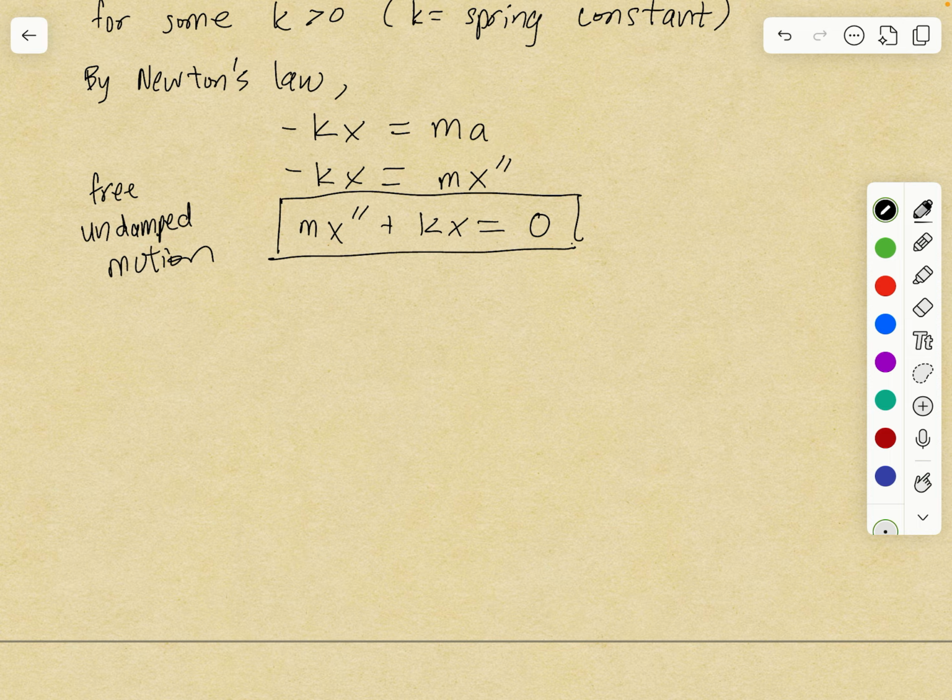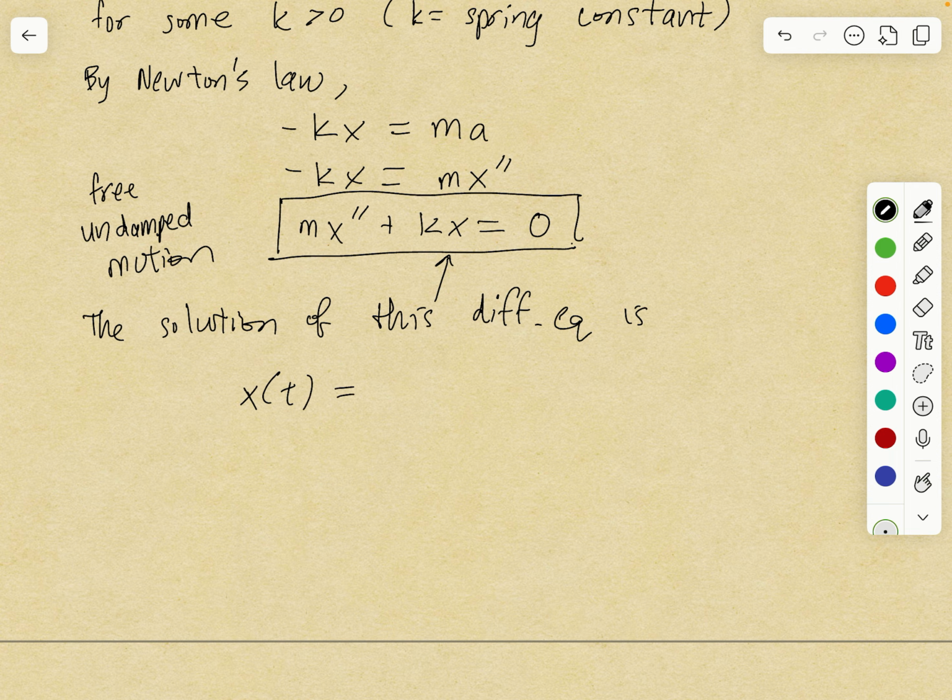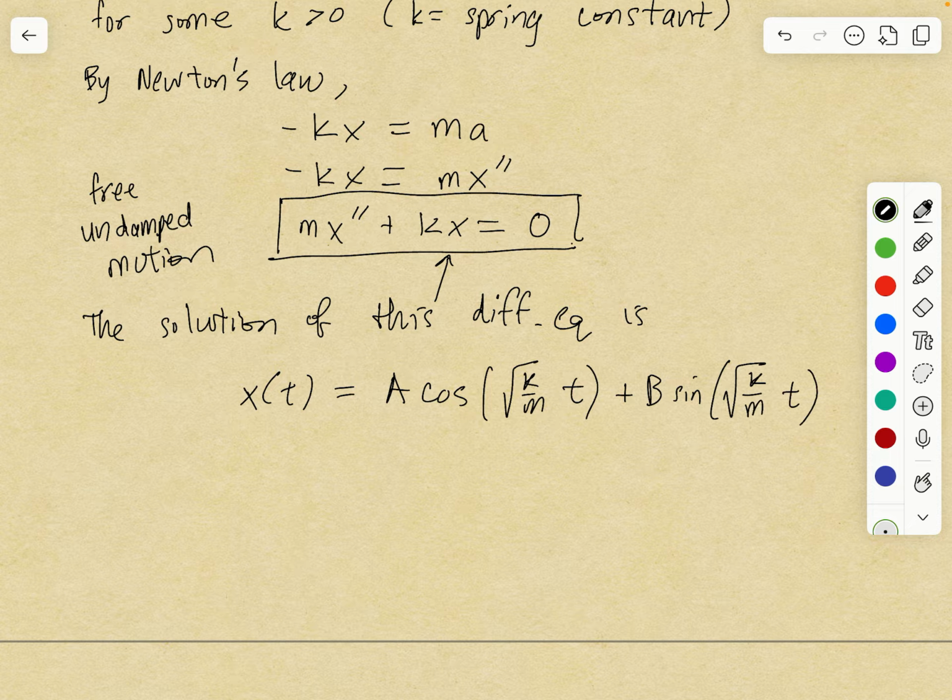And when you solve this differential equation, the solution is x of t equals A cosine of the square root of k over m times t, plus B times sine of the square root of k over m times t.